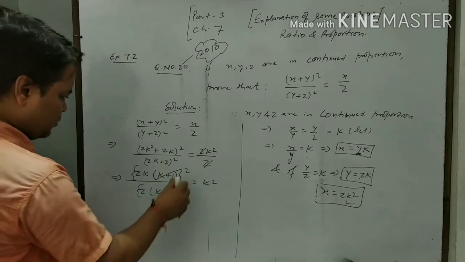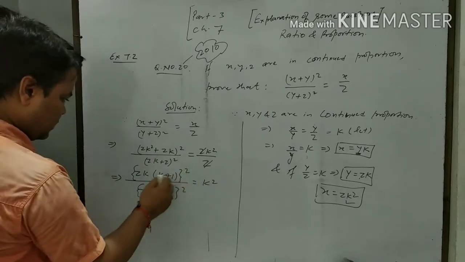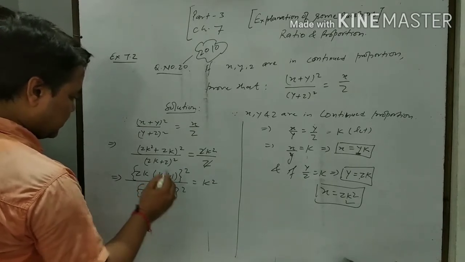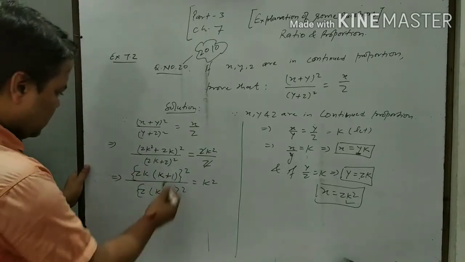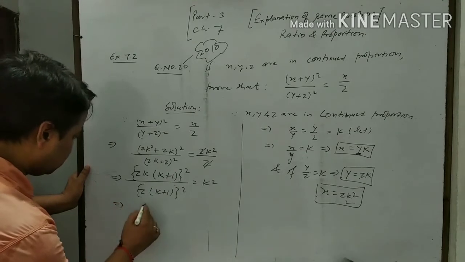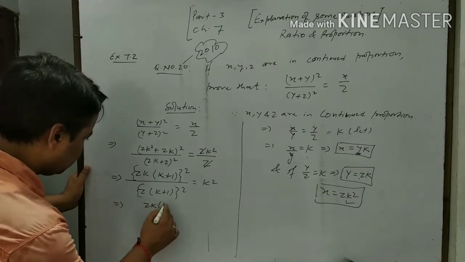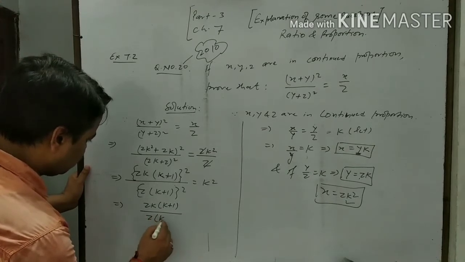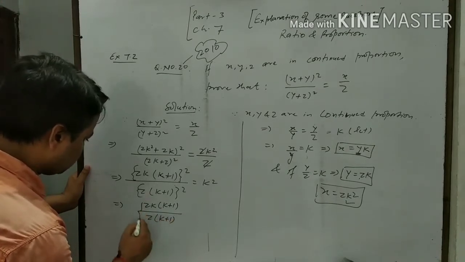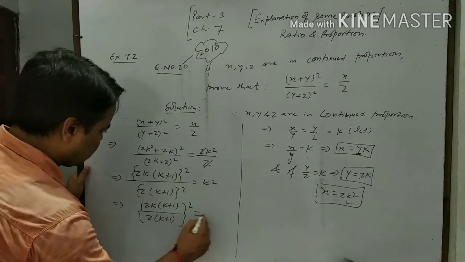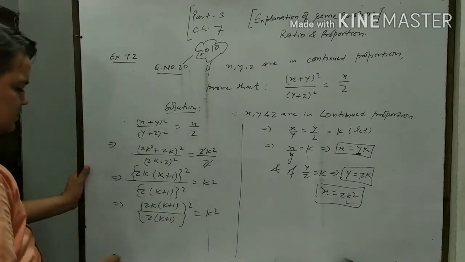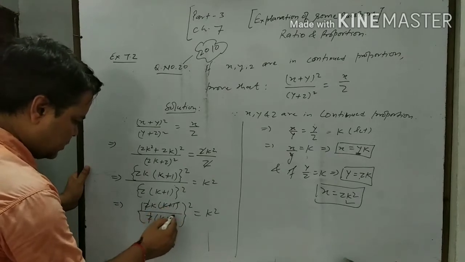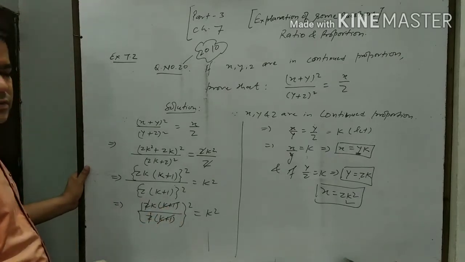We can write it this way: zk times (k plus 1) upon z times (k plus 1), whole square, is equal to k square. Here z and z will be cancelled and k plus 1 will be cancelled.